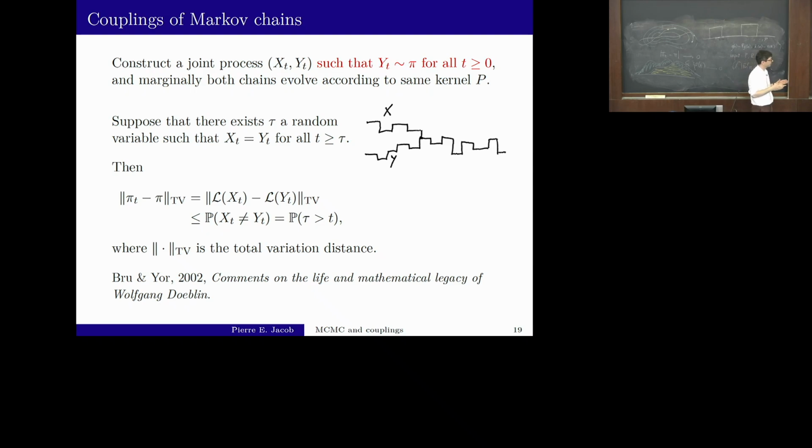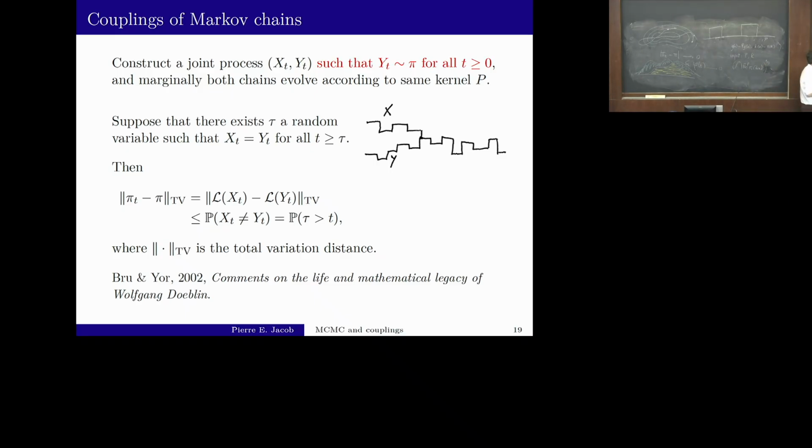This is a theoretical device. We can't sample from it, but theoretically, we imagine that there's the Markov chain we're trying to analyze that goes to stationarity, and there's another one that's already at stationarity. And the idea of coupling is basically to make them coincide, to look at the time it takes for them to coincide, and that's going to give us the time it takes to reach stationarity.